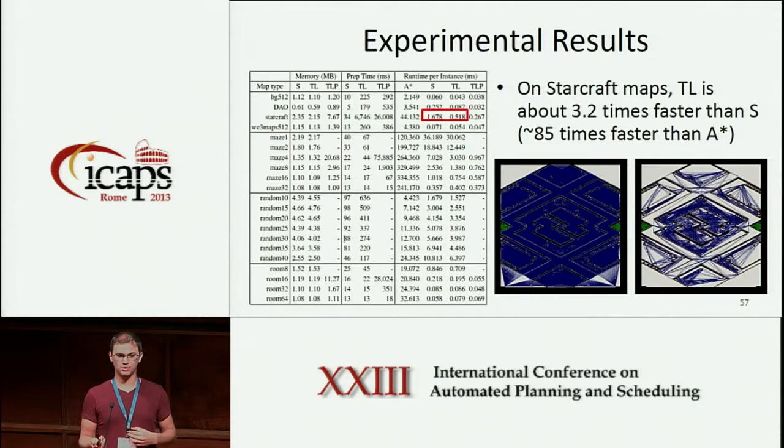We gain the most from using two-level subgoal graphs on StarCraft maps, which contain a lot of diagonal walls. And it's 3.2 times faster than simple subgoal graphs and about 85 times faster than A star.